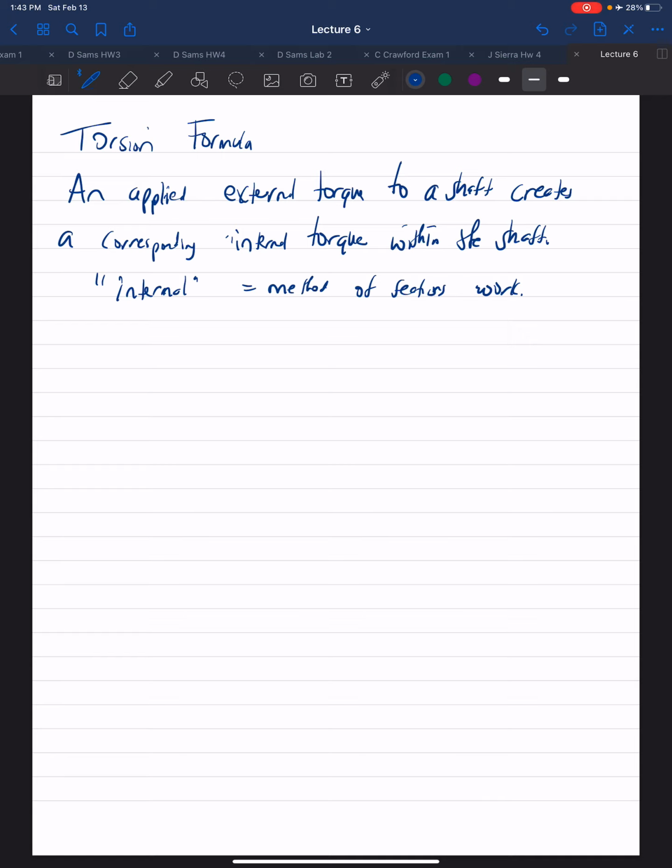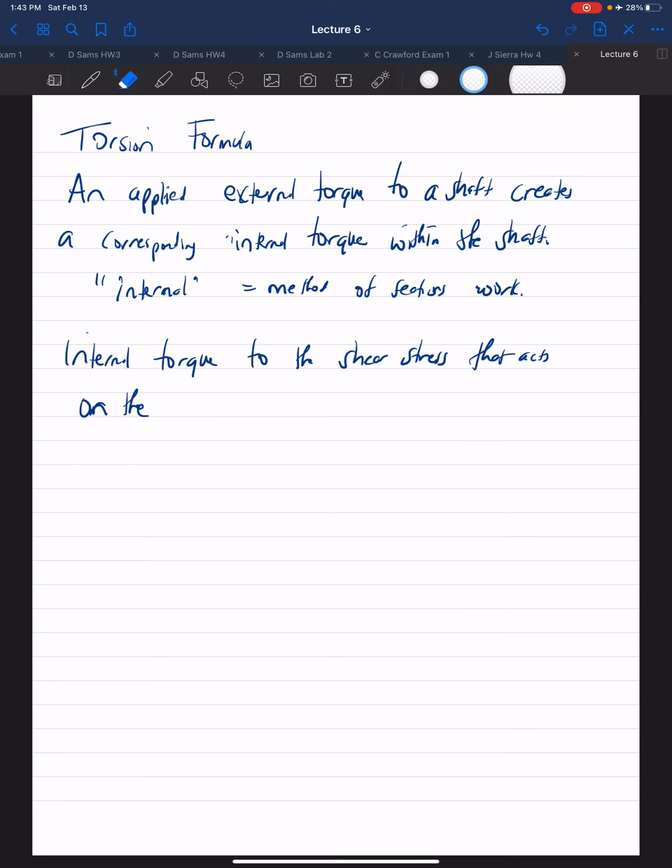So here we're going to relate the internal torque to the shear stress that acts on the shaft's cross section.